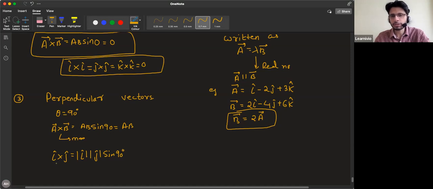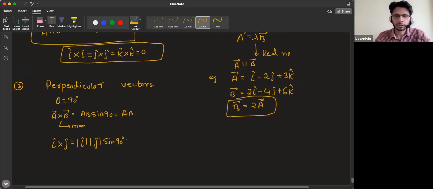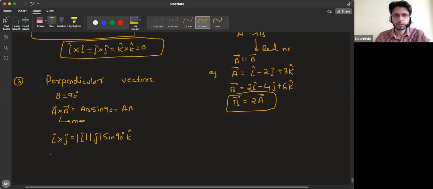And what is the unit vector which is perpendicular to both I and J, Saifullah? K. That's right. What is the magnitude of I cap, Ellen? 1. What about J cap? 1. So it's just K cap. So I cap cross J cap is equal to K cap.